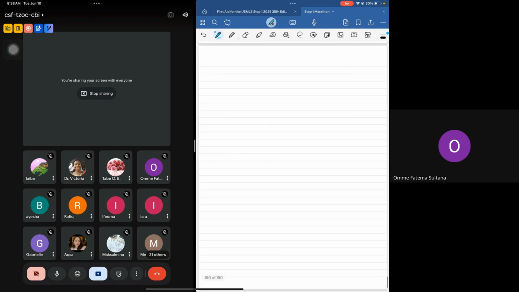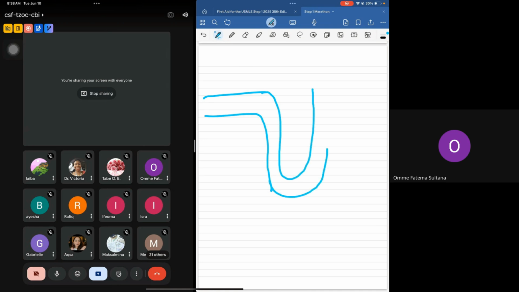So if I make a better diagram, you can see this. If this is the proximal convoluted tubule, and this is the descending loop of Henle, and this is the ascending loop of Henle, and after this the distal convoluted tubule comes.